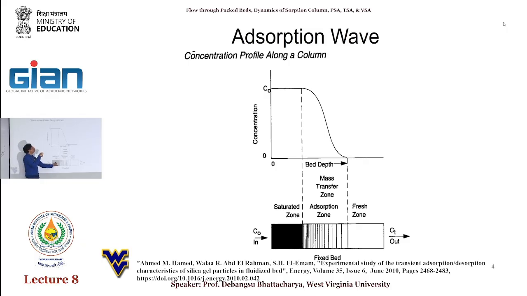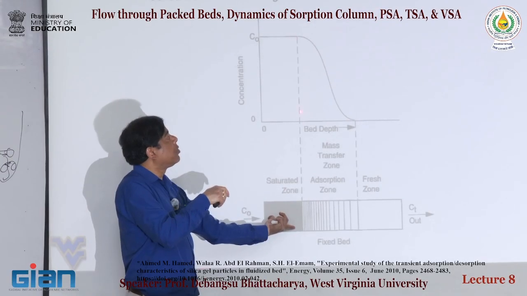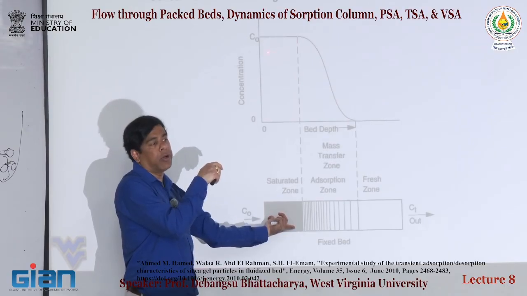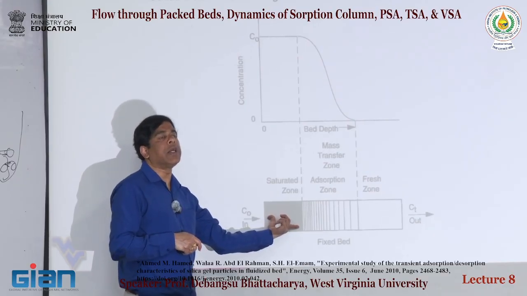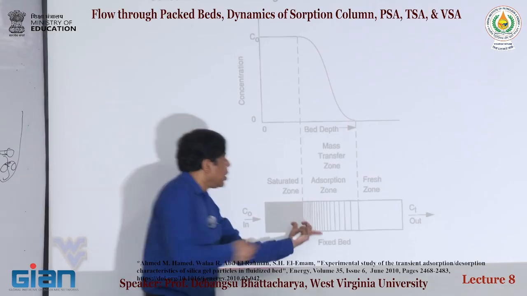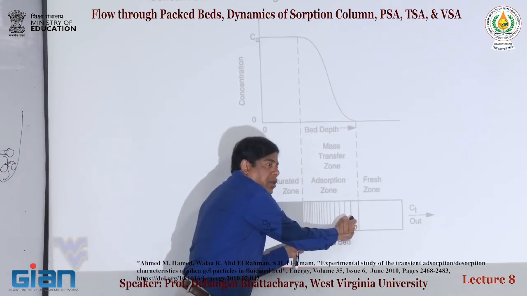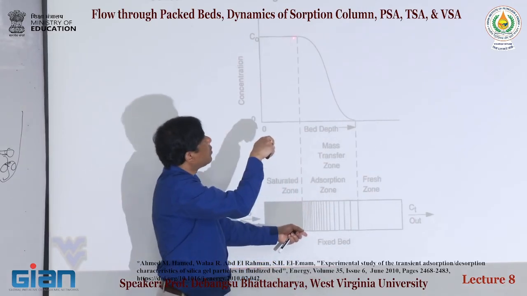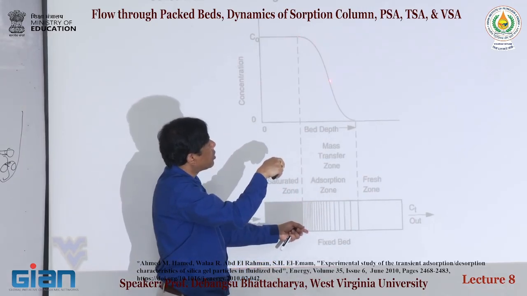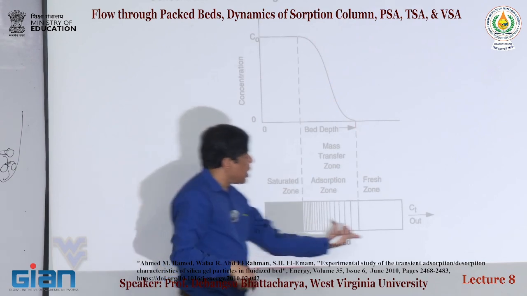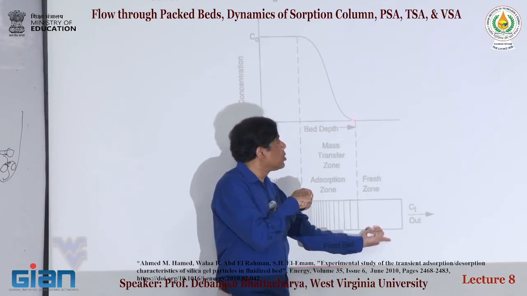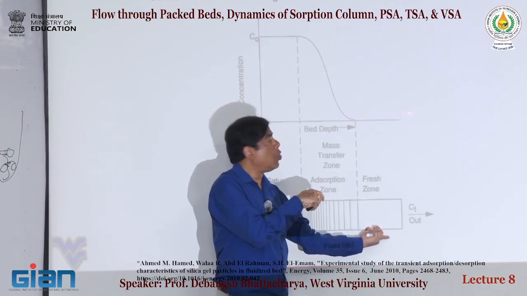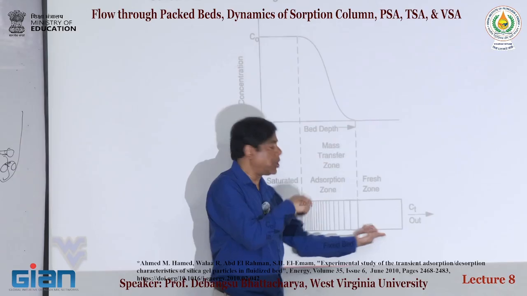Around that time, you notice that the concentration around this section does not really drop. It's a horizontal line because this portion of the bed is not really capturing much. This portion is taking its turn around that time. Here the concentration is going down, and this portion is really doing nothing. This portion is idling because the concentration is so low that it has really nothing to capture.